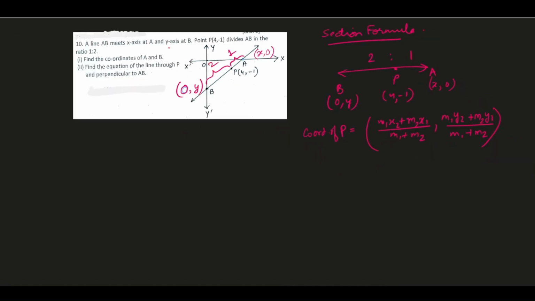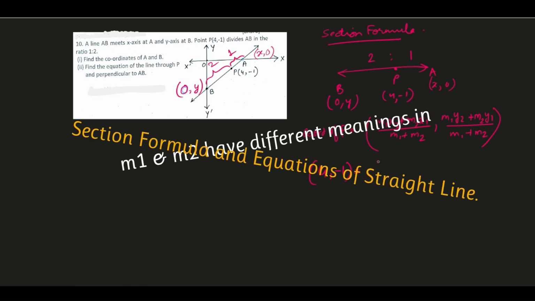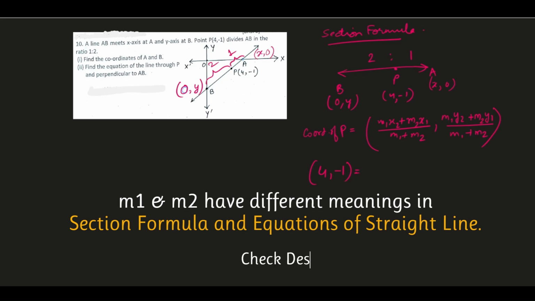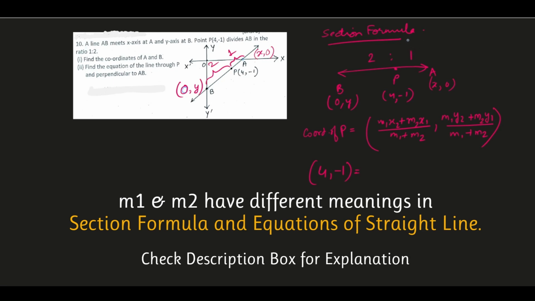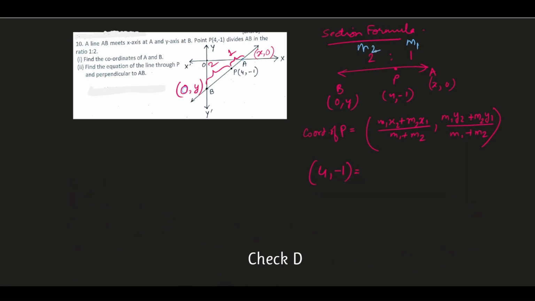So let's substitute the values here, and we already know that coordinates of P are (4, -1). Now see what is m1 here. We are assuming this as m1, the value of m1 is 1, the value of m2 is 2. Okay, so let's do it now.